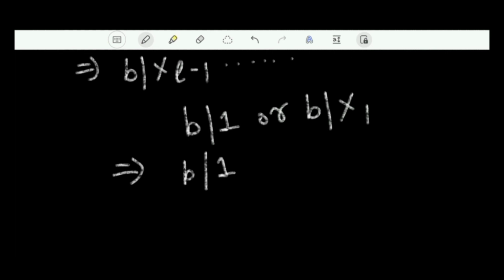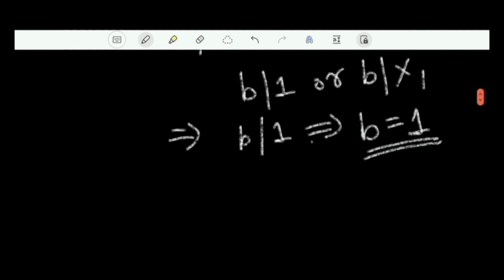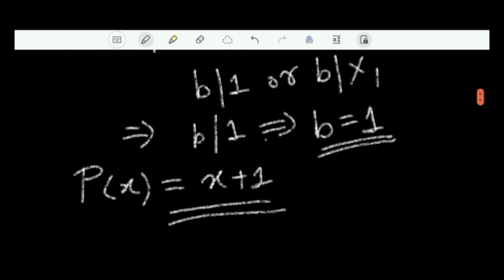It's very clear to see that for satisfying this condition b must equal 1. And now, since we got the values of a and b, we can simply construct the polynomial, which is P of x is equal to x plus 1, and that is our complete proof for that polynomial.